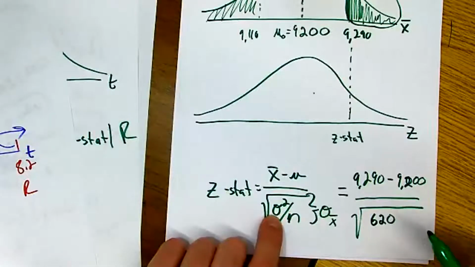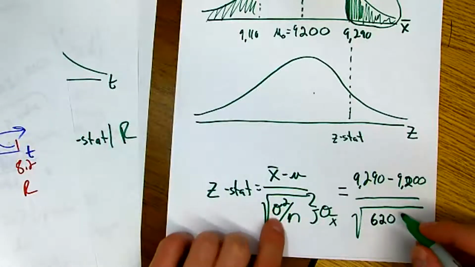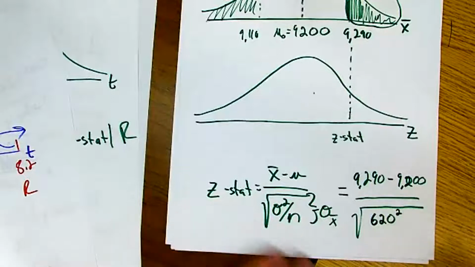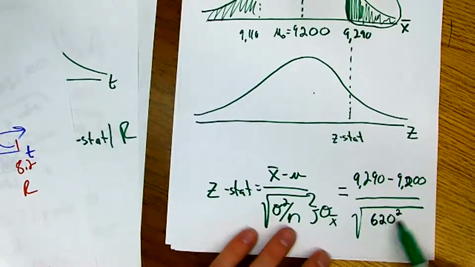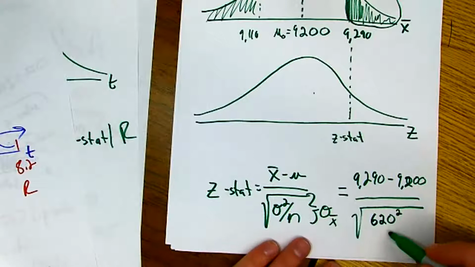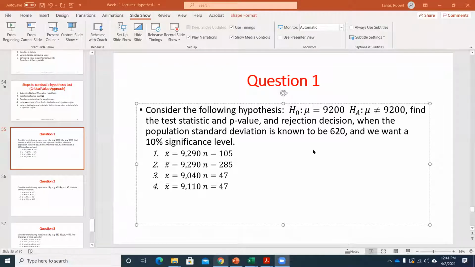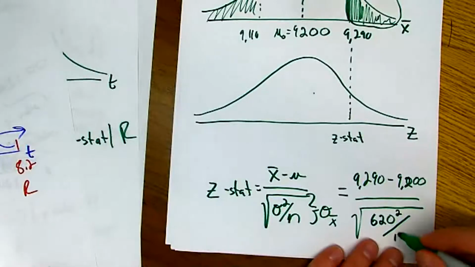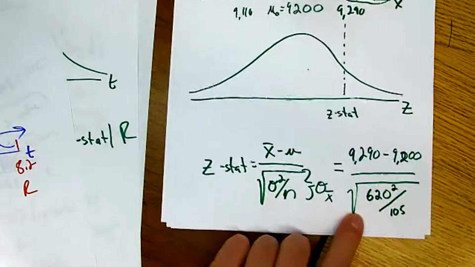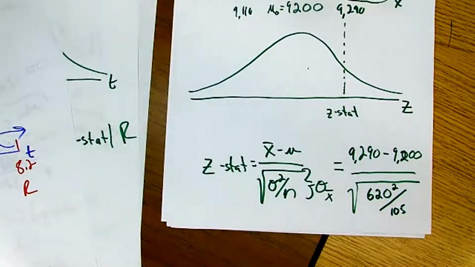If we're only given the standard deviation, this sigma squared is the variance, so we just plug sigma in and still square 620. And I forget what the sample size was. I think it was like 105. Let's see. Yeah, 105, right? And our standard deviation for our population was 620.